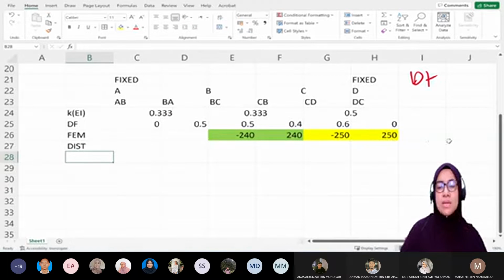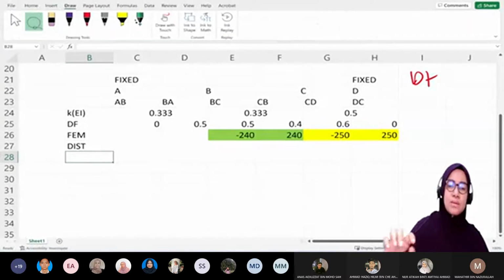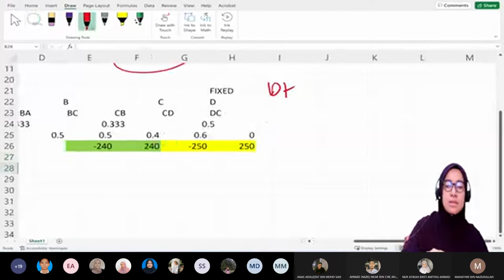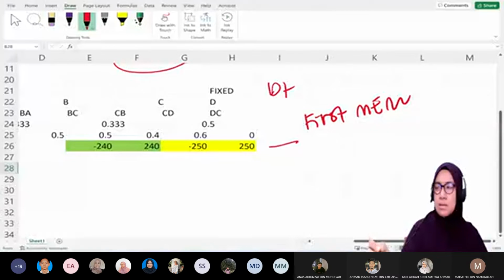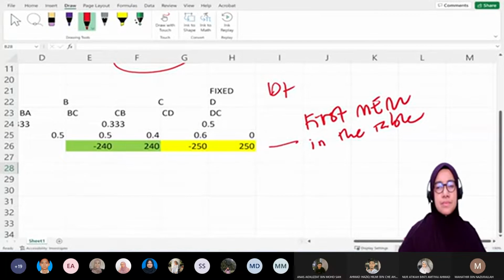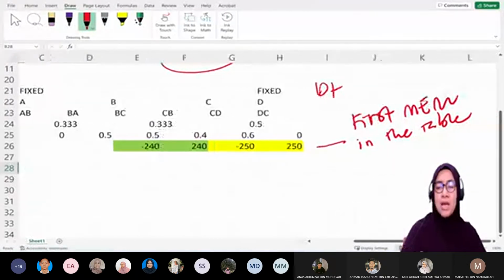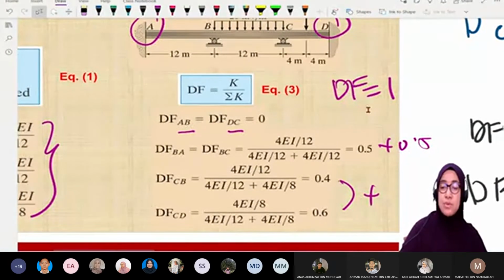Okay, so remember that fixed end moment ni, fixed end moment is first member end moment in the table. Fixed end moment. And don't forget, okay, everything inside this we can draw in diagrams to represent it.